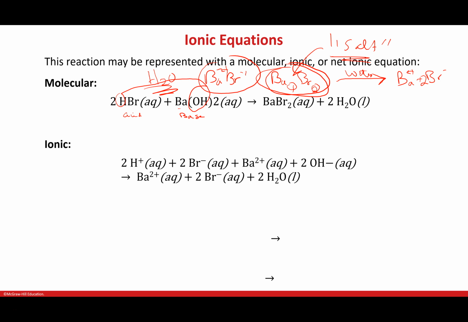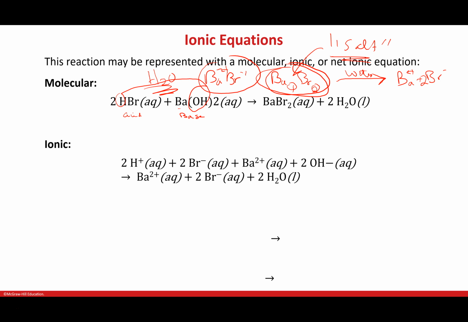And I broke up the Ba(OH)2, I got Ba 2 plus and 2 OH minuses. And then on the product side, and I ran out of room, so that's why it's folded around, just like you were saying, I get the 1 Ba 2 plus, 2 Br minus, plus 2 H2Os.